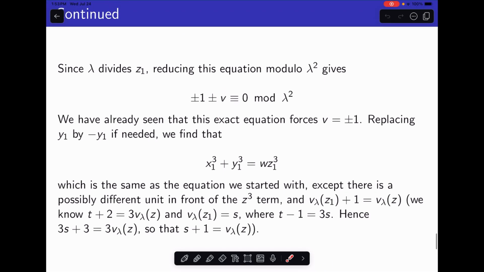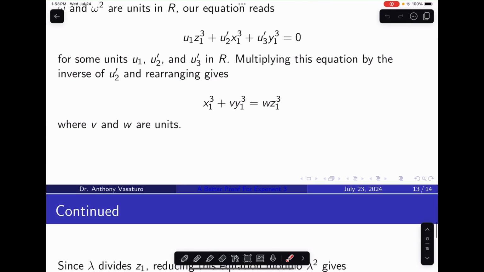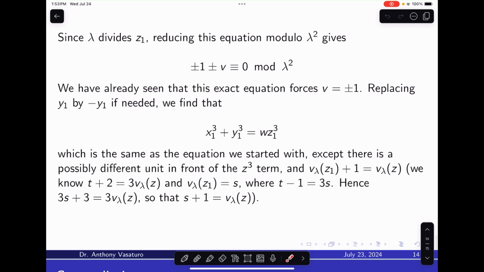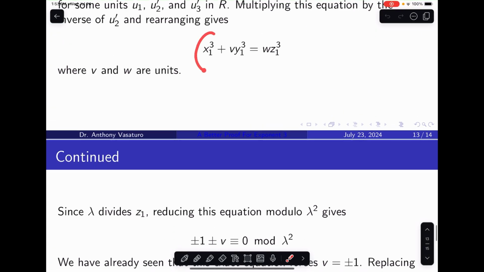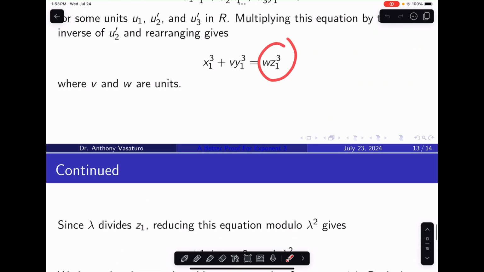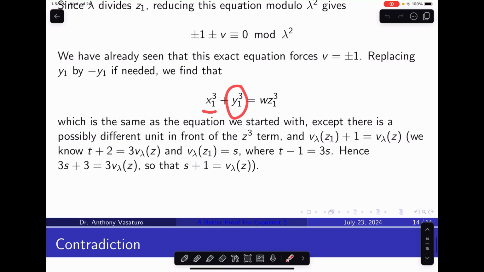So if we replace y1 here by negative y1 if needed, just to make all the signs line up, we get the following. This turns into x1 cubed plus y1 cubed equals w z1 cubed.